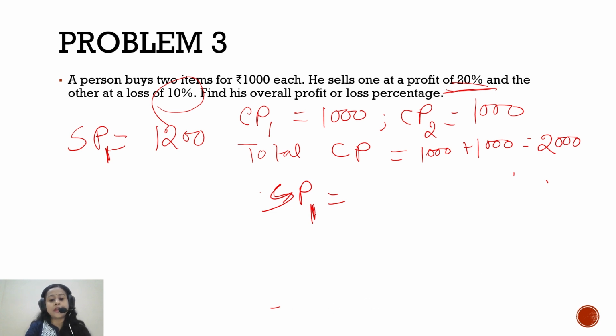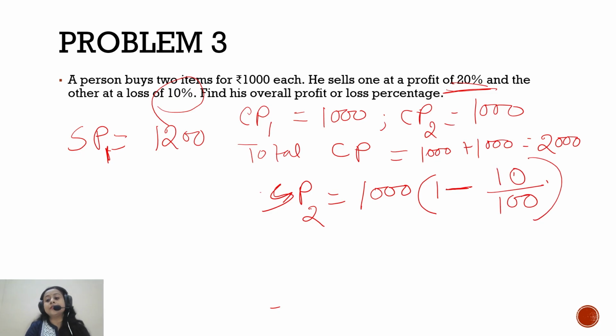So selling price of second item will be cost price into 1. Since it is loss, we have to subtract loss percentage by 100.